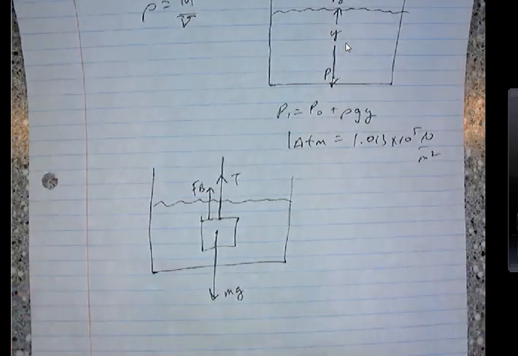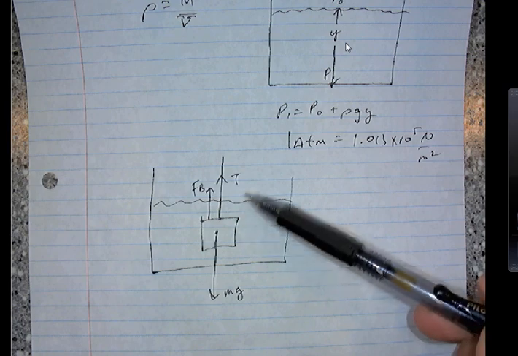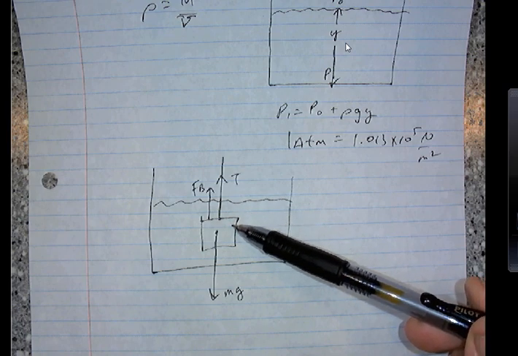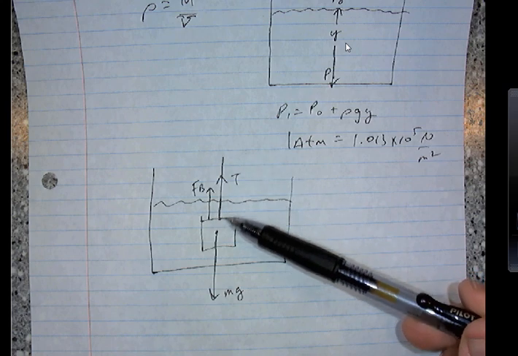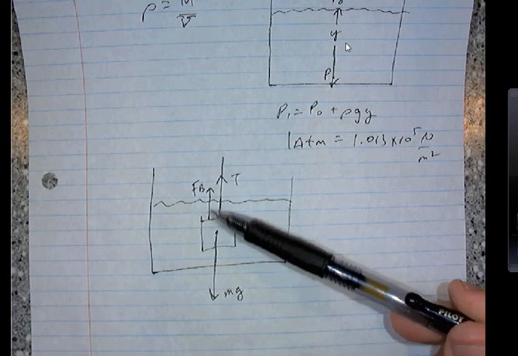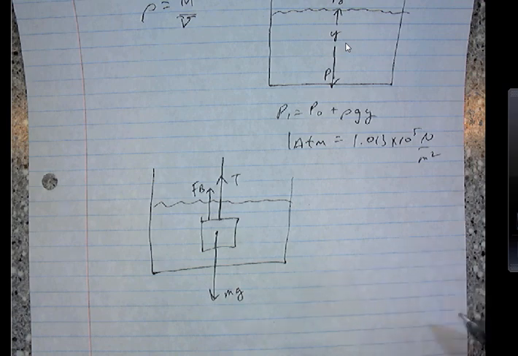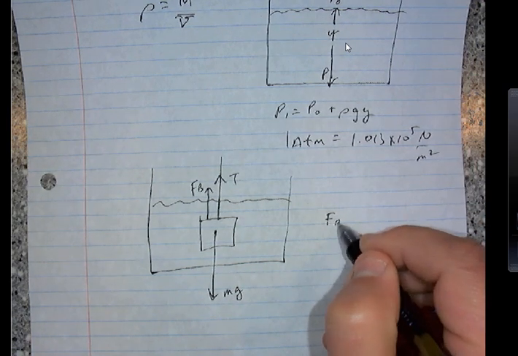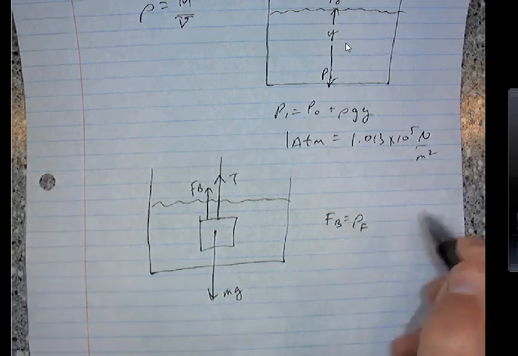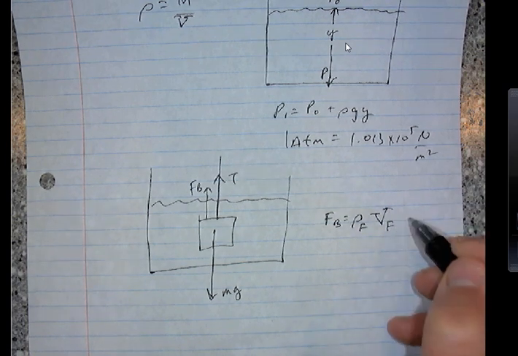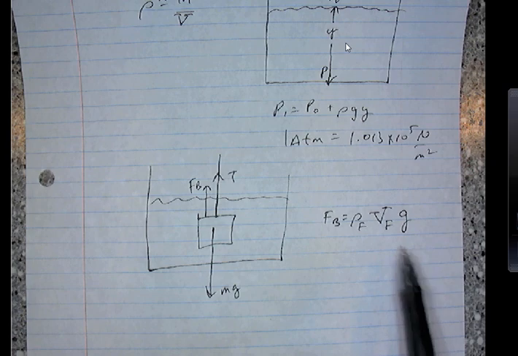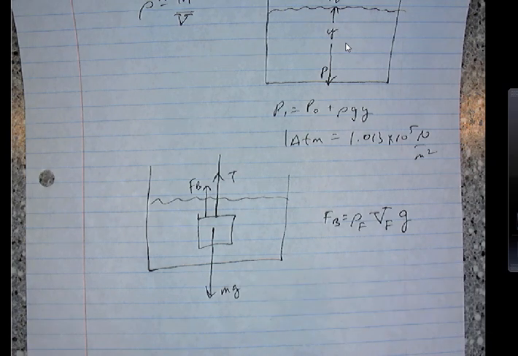So if you try to weigh something on a scale, and you have it submerged in water, this is really similar to what we did in chapter 4 and 5. The only difference is we've got an additional force called the buoyant force. So the buoyant force is the density of the fluid, the volume of the fluid that's displaced, times g. So you might have to take that into account.